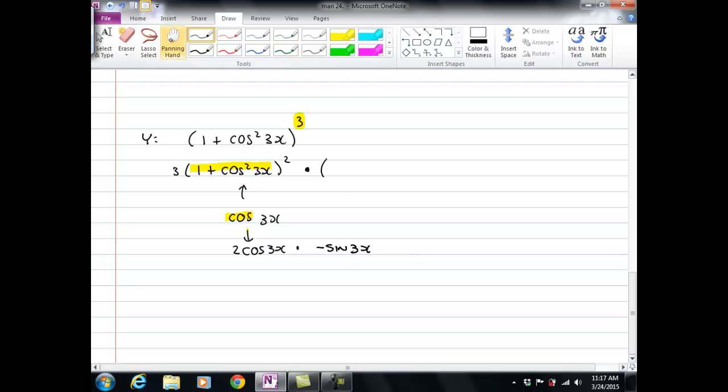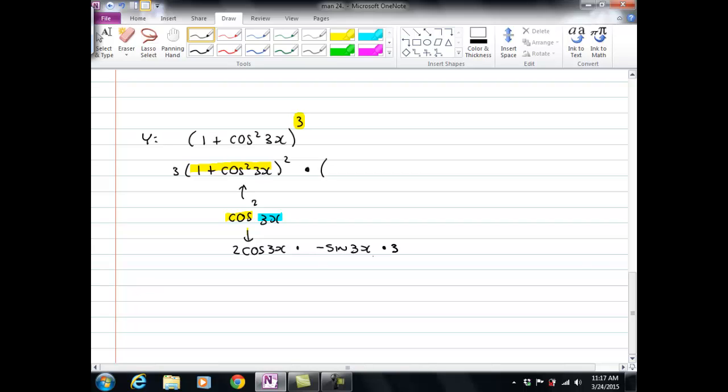Now some of you ask me, so where's this 2? This 2 does not carry on. It's totally different. So therefore, I finished the derivative of cos already. Now, do the next piece. Times. There's still one more derivative I have to think about, which is the 3x, and that is simply 3.